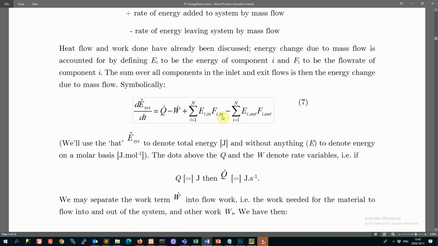So you can say each component i in the inlet stream has a certain inherent amount of energy, and similarly each component i leaving the system will have a certain other inherent energy. And why are these not the same, right? If it's component i, shouldn't they have the same inherent energy?